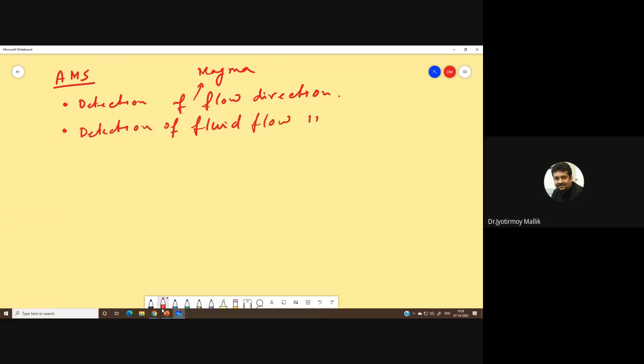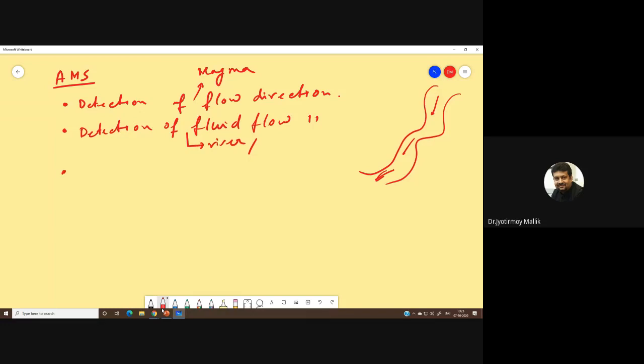That means, for example, if I do it in river sand, we can find out which way the river was flowing. Because just by looking at river sand, you might not always know whether it was flowing from north to south or from southeast to west. You don't know. So you can find out the direction of fluid flow, I mean sedimentary fluid, for example a river or any fluid flow.